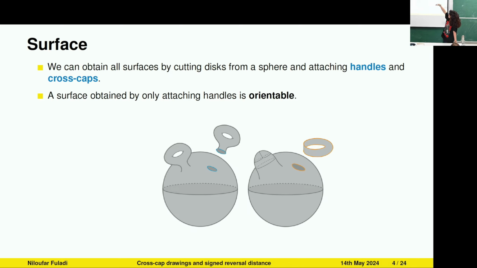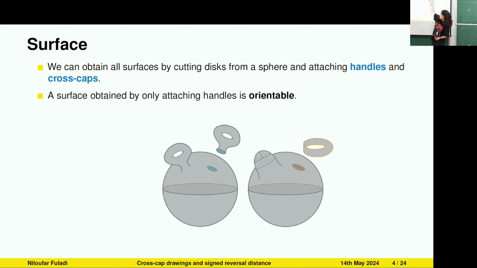So one way that you can consider all these surfaces is to make them from a sphere. You can have a sphere, cut some disk out like this, and attach either a handle or a Mobius band. The boundary of the handle gets attached here, and a Mobius band has only one boundary, a circle, which I attach here. If I only attach handles, I get an orientable surface.